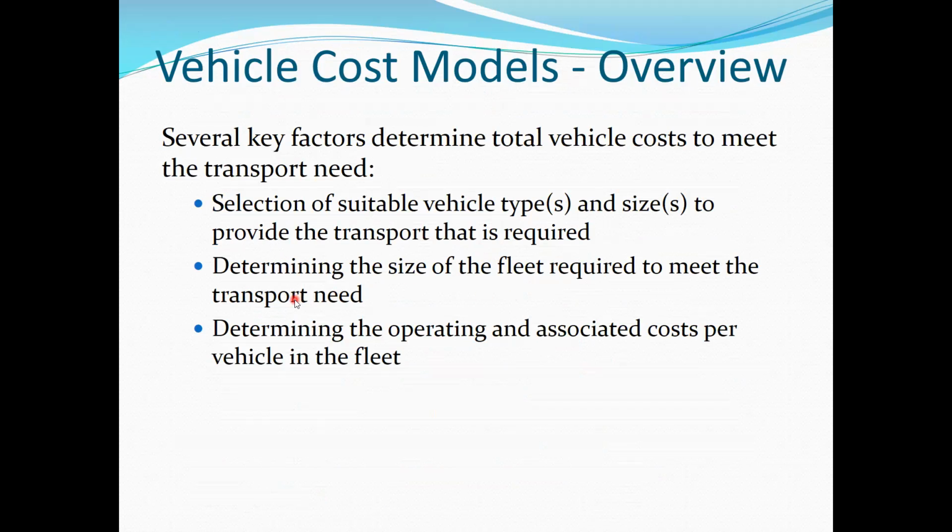When you determine the size of the fleet, you make sure that you have some buffer as well, so that if one bus breaks down or one of those tankers breaks down, you have backup plans. And then determining the operating and associated cost per vehicle in the fleet.